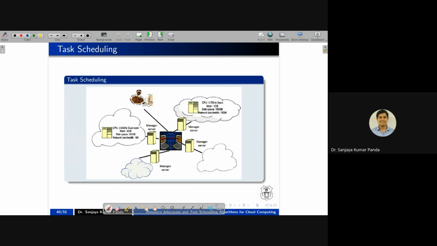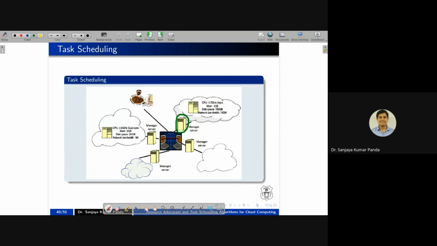In task scheduling, I already said to you, you have to find the ordering, right? So you can follow a centralized approach or you can follow a distributed approach. For example, if you see here, a user is making a request to a centralized portal, right? That centralized portal has information of all the clouds, and every cloud is managed by a manager server.